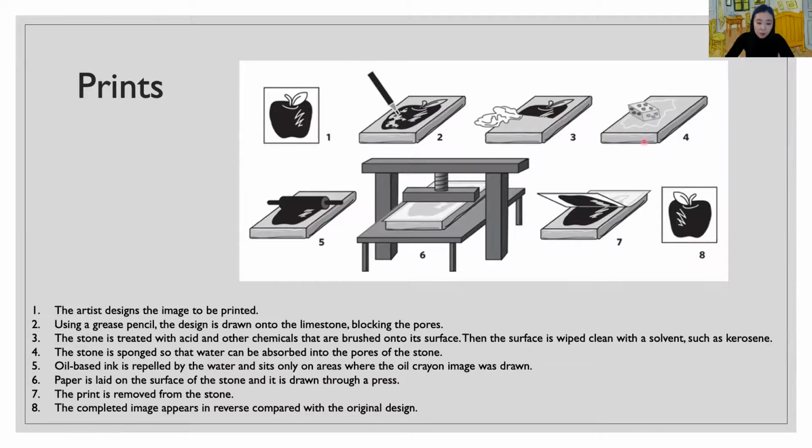And step 4, the stone is sponged so that the water can be absorbed into the pores of the stone. And step 5, the oil-based ink is repelled by the water and sits only in areas where the oil crayon image was drawn. So only the image area, which is drawn by the grease pencil, holds the ink.